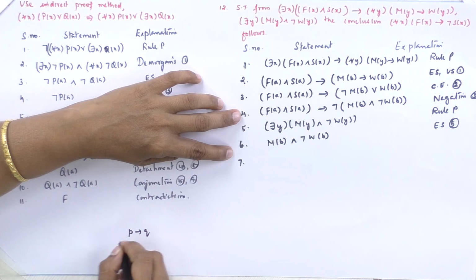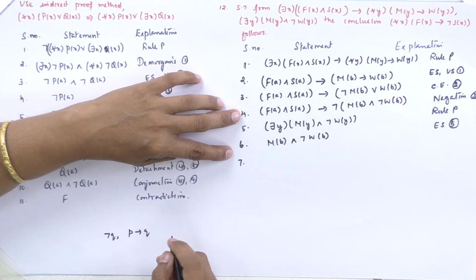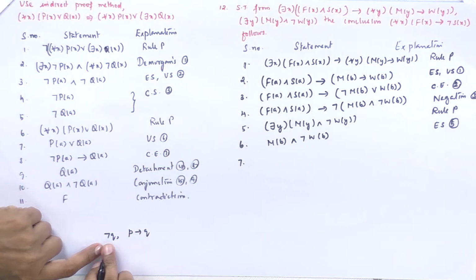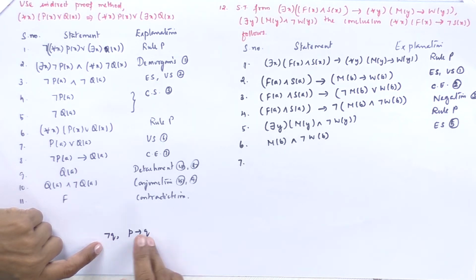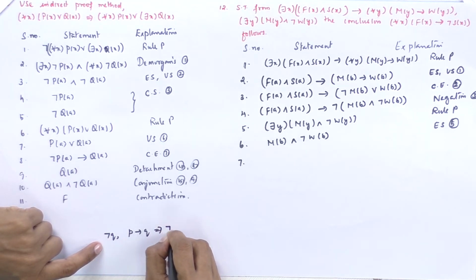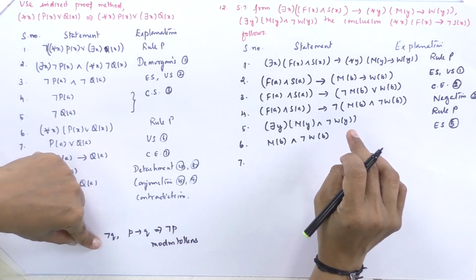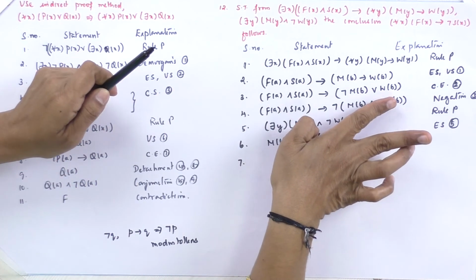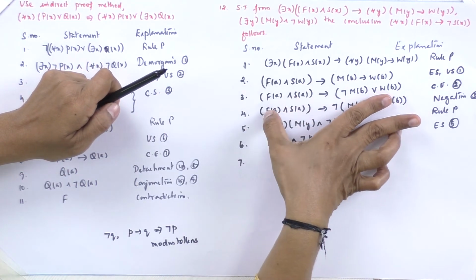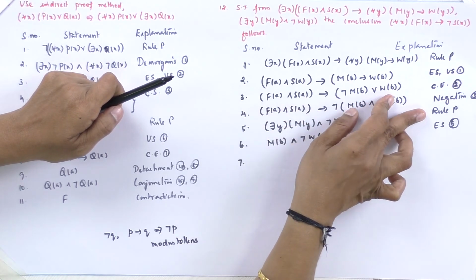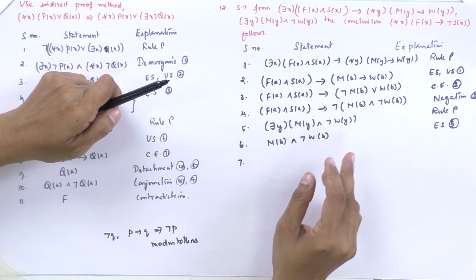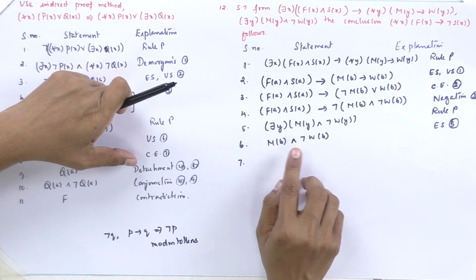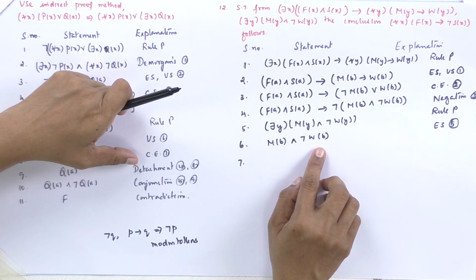p conditional q and negate q, right. Whenever we have negate q and p conditional q, this will imply negate p, that is the modus tollens rule. In a similar manner, see here, treat this as one single particular predicate term. So, this is like a p conditional negate q, and here we have this term, right.